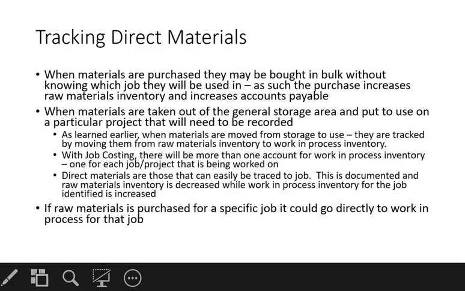You could debit directly to work in process, or increase work in process, and credit accounts payable when you order or buy that stuff. But we'll generally assume that it goes to a raw materials or central warehouse account, and then when it gets used, it comes out of that and goes into work in process.